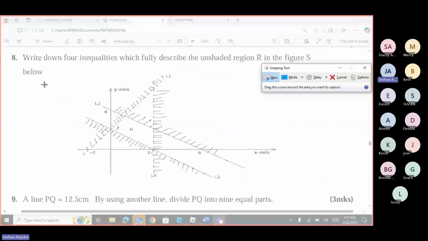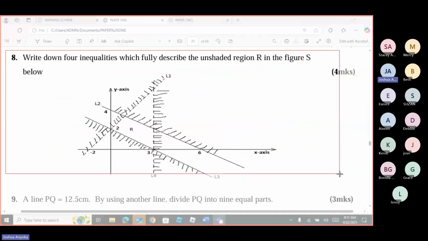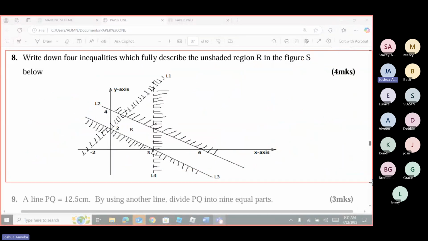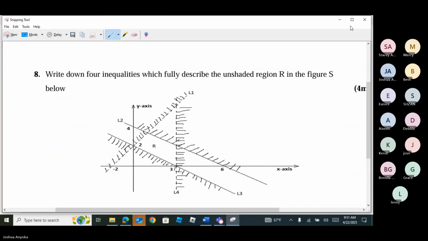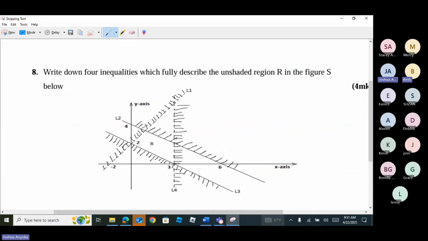Using the same procedure. I want to see you struggling with this. Work out this.